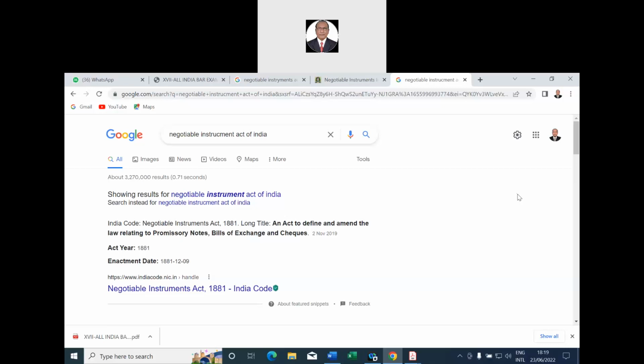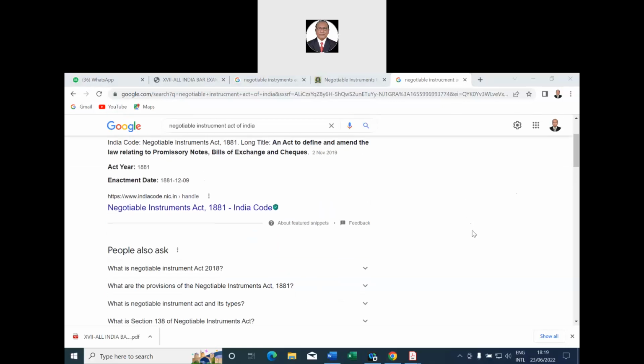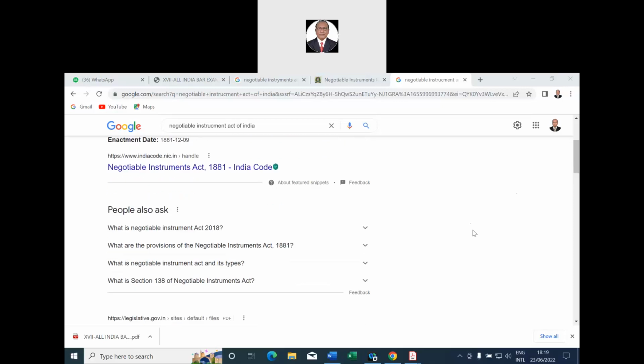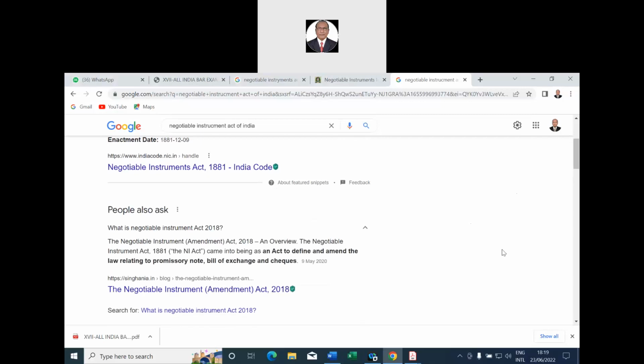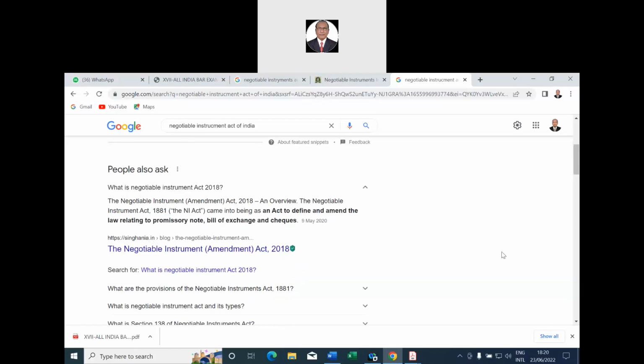The enactment date is 9th December 1881. That is the Negotiable Instruments Act, the NI Act, which came into being as an act to define and amend the law relating to promissory notes, bills of exchange, and checks. That is the long title. And the Amendment Act of 2018 is given.